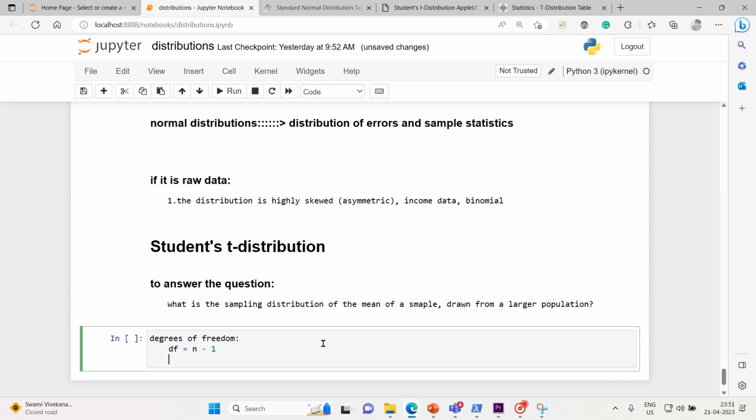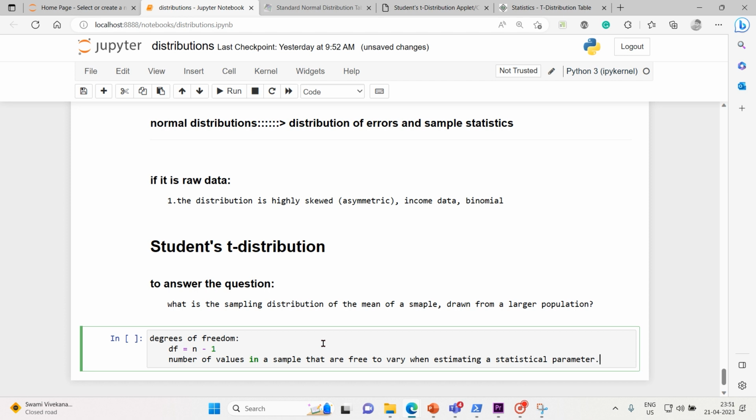So the term degrees of freedom, DOF or DF in statistics, refers to the number of values in a sample, of course, sample is a data set, that are free to vary when estimating a statistical parameter.